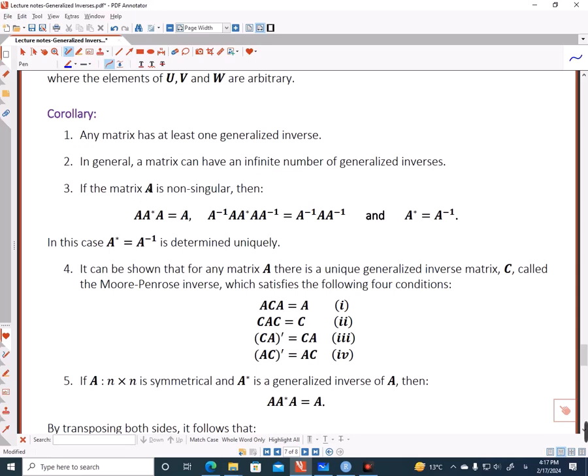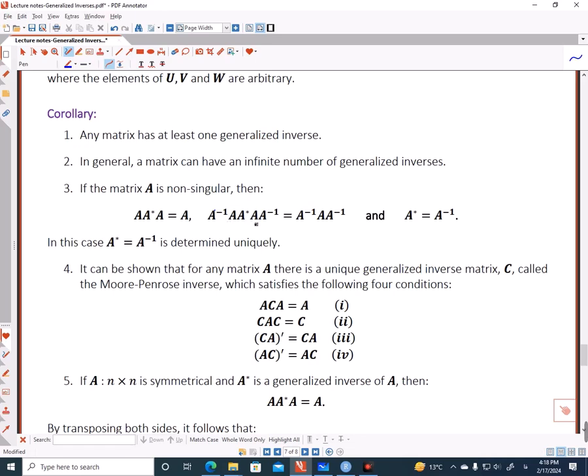Now we have an interesting special case. If matrix A is non-singular, then there is a theorem about the generalized inverse A star. A star is a generalized inverse of A if A A star A is equal to A. I pre-multiply and post-multiply both sides by A inverse because A is non-singular.